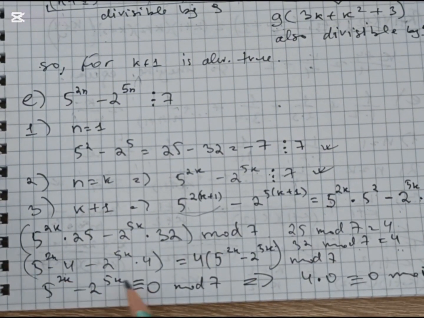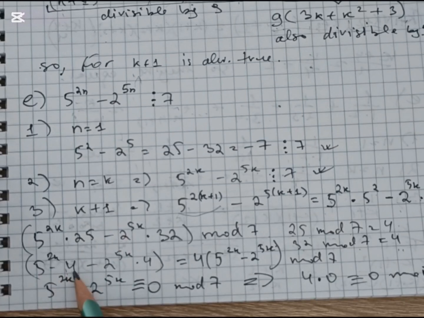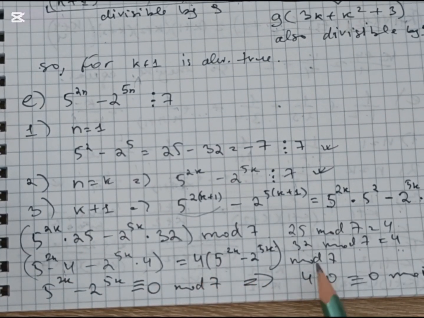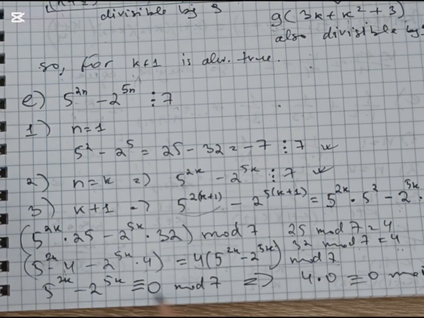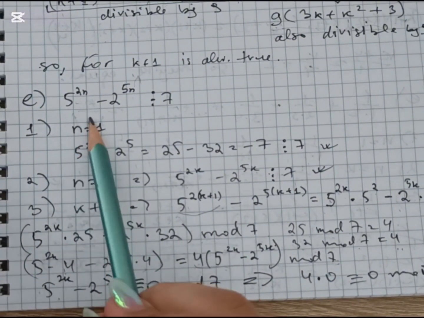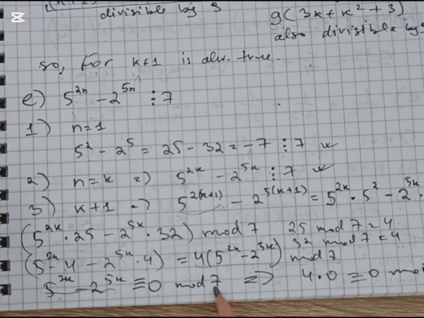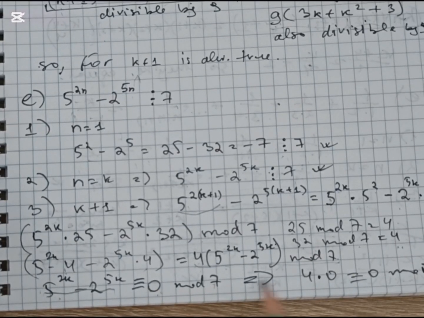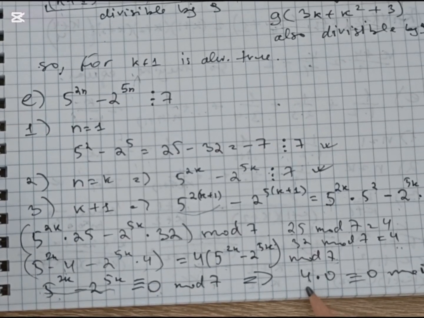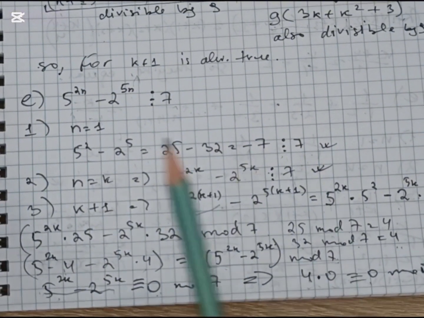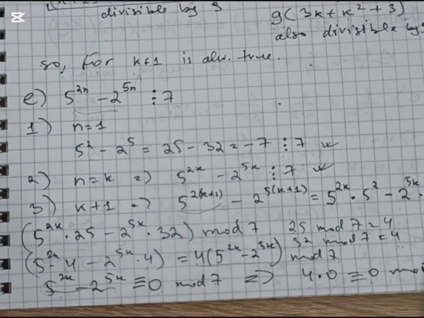And so we write this as 4 modulo 7, and if we take the 4 out of the brackets, we have this equation. And here from the second step, we know that this is divisible by 7 with 0 remainder, and so 4 multiplied by 0 gives us 0 modulo 7. So this is divisible by 7.